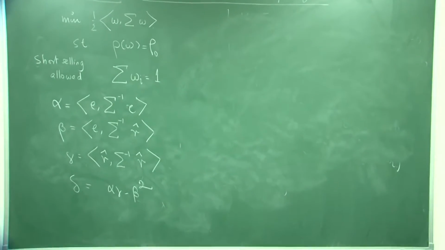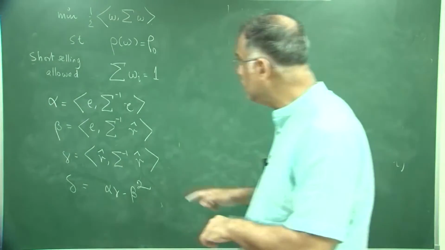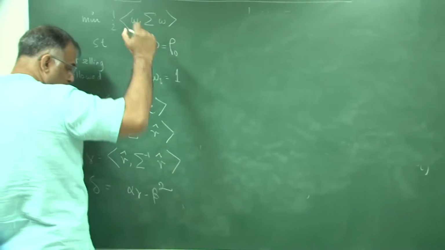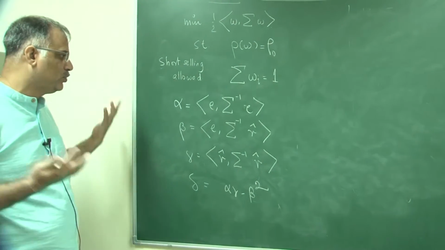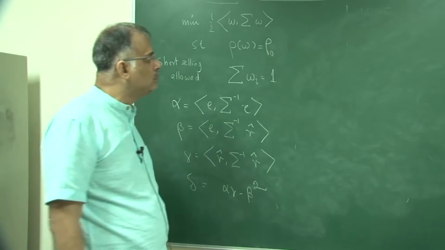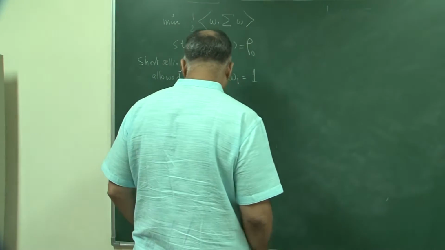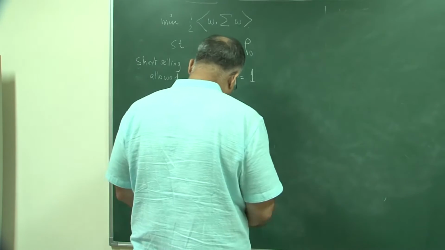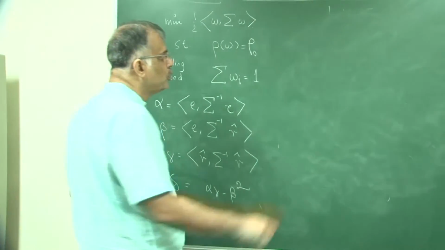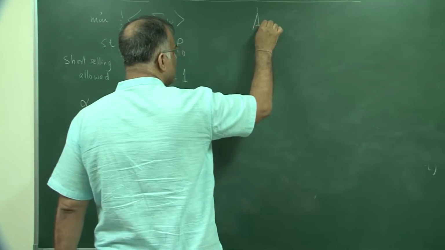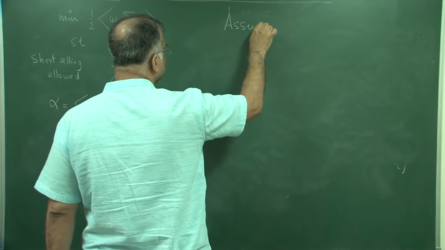You might be wondering that I have suddenly written an inverse of this matrix. A positive semi-definite matrix doesn't mean that it should be invertible. Its eigenvalues are non-negative, and there could be a zero eigenvalue too. What we are now going to put in are two important assumptions, which are absolutely practical.